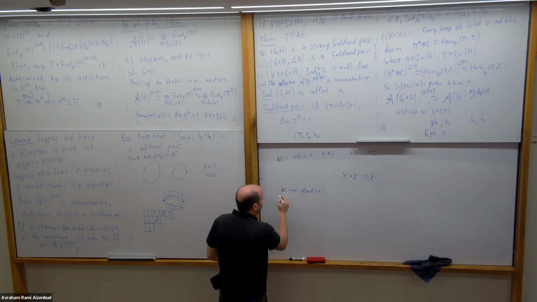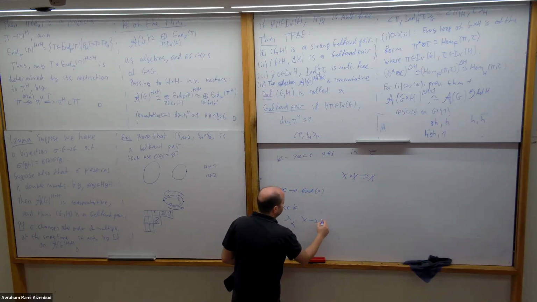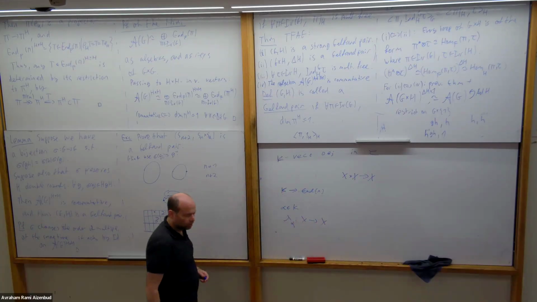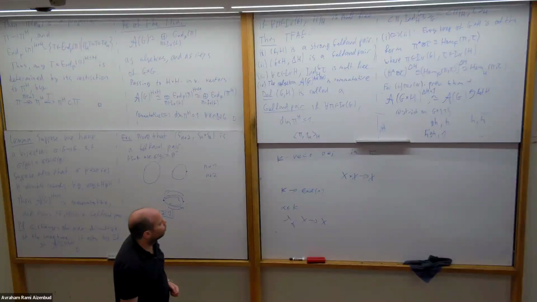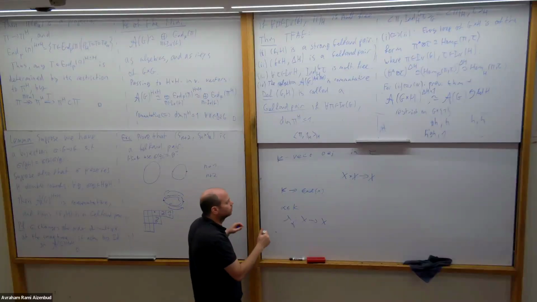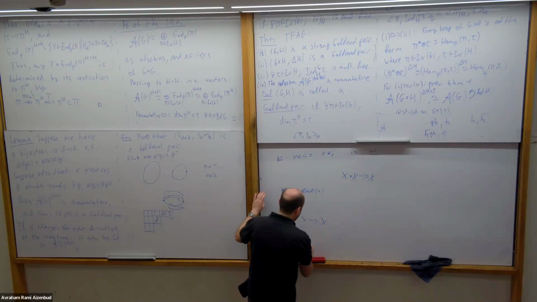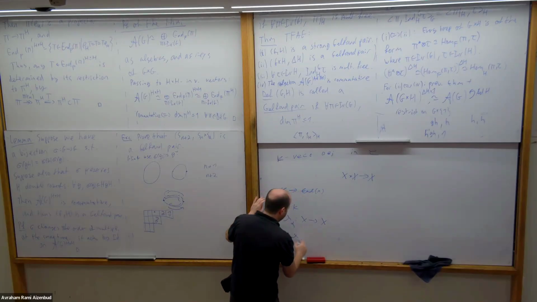For any element alpha in K, we have, let's call it lambda alpha, from X to X. And now we have lambda alpha times lambda alpha.